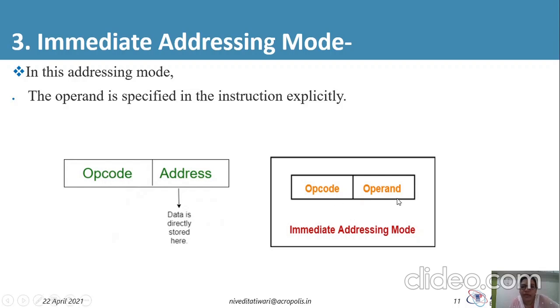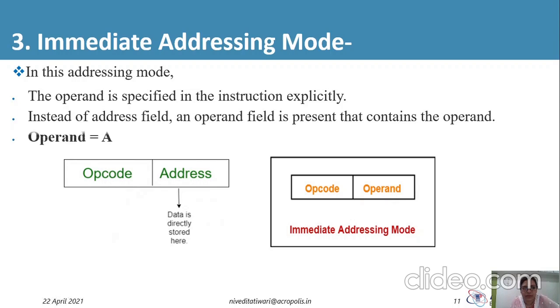So at the place of the address field, directly the operand value is available. So here we define this kind of formula, address equal to operand. Here the value of the address itself is the operand value, and at some location this instruction is available in your memory, so that memory location will be the effective address for the immediate addressing mode.